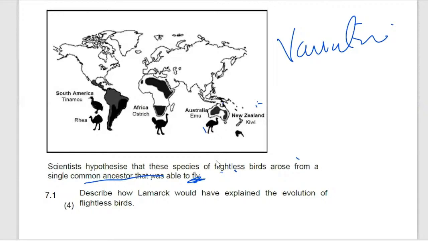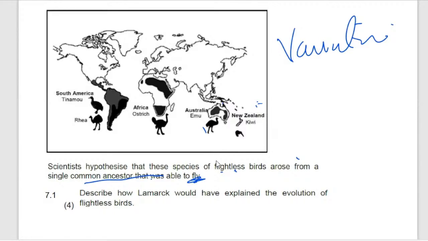Describe how Darwin explained this. That is natural selection. You talk about the first point, variation. There was variation among these birds: those which are able to fly and those which are not able to fly. Those able to fly were detected by the predators and killed. Those not able to fly were able to hide from predators, and they survive.